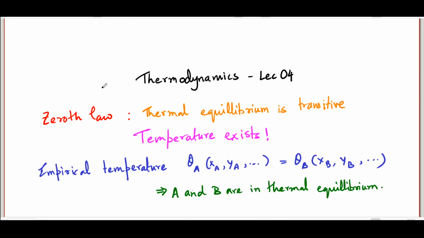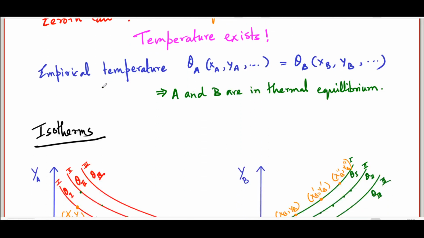So when two systems are in thermal equilibrium, some specific combination of their individual thermodynamic coordinates must be equal in the two cases, and that's exactly a quantity that we define as empirical temperature.